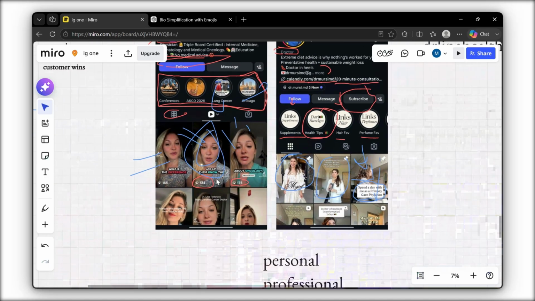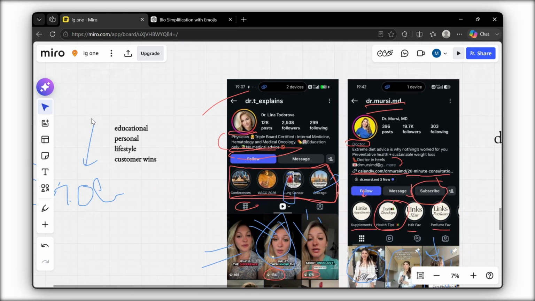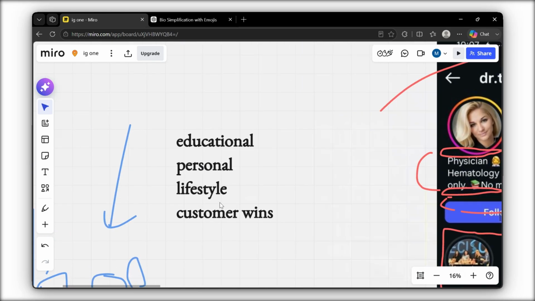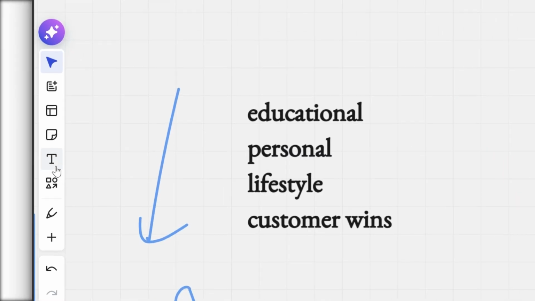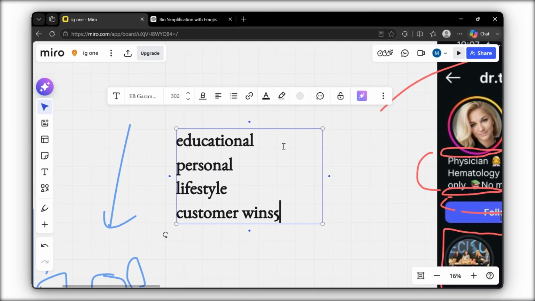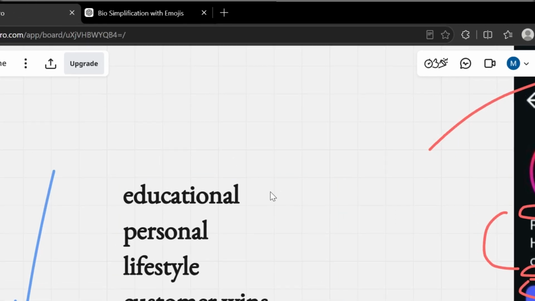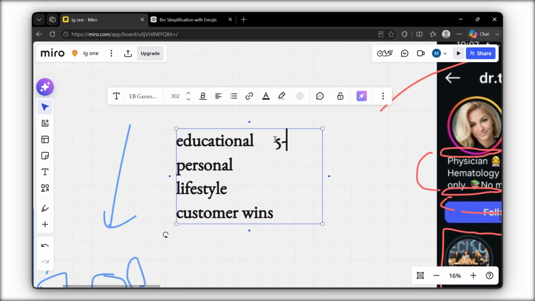First of all, she has to make a content strategy. We will do it for her. I'm just telling, we are doing a mix of educational, personal, lifestyle, customer wins. Like, for example, 50% educational, right?